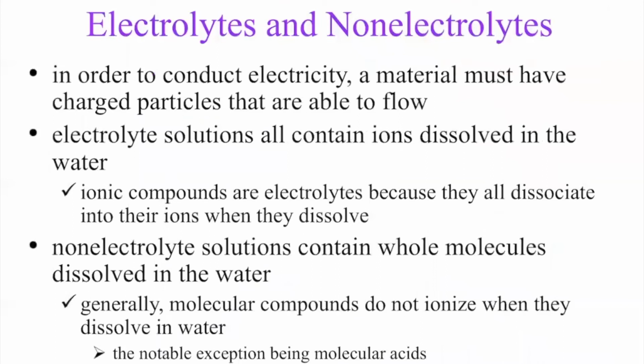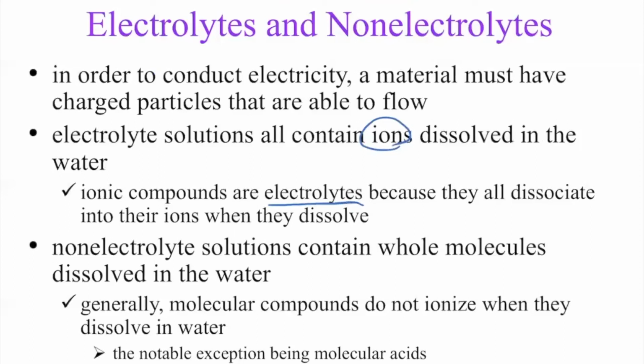So more on molecular compounds. In order for a substance to conduct electricity, you must have charged particles that are freely floating around. Electrolyte solutions all contain ions. Remember, the word ions means charge. So ionic compounds are electrolytes because they dissociate into ions.